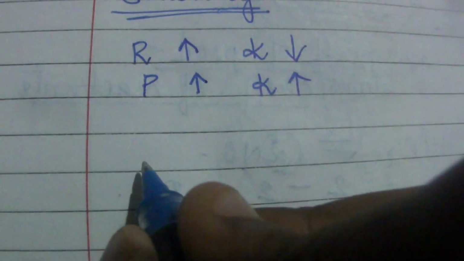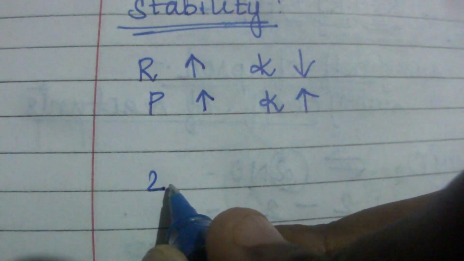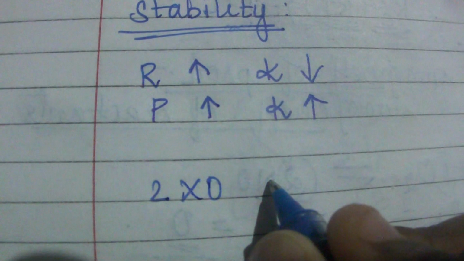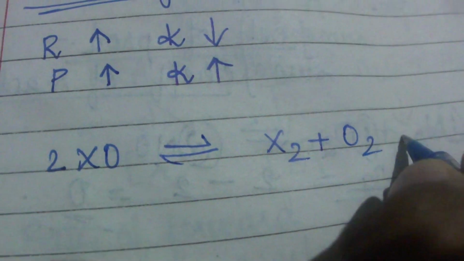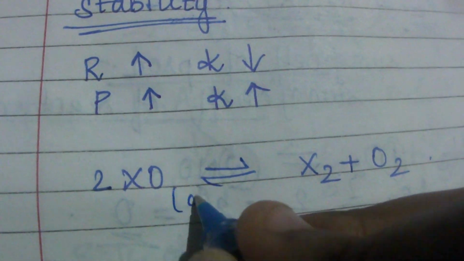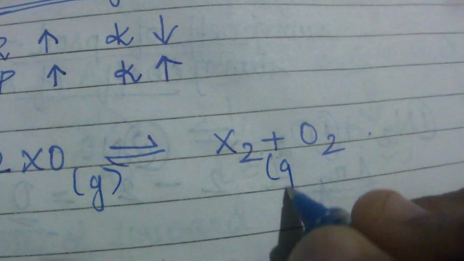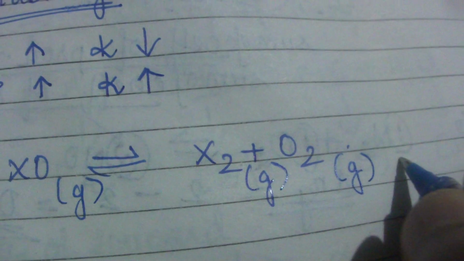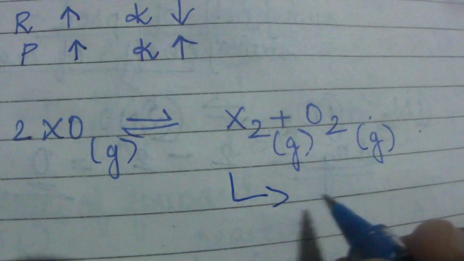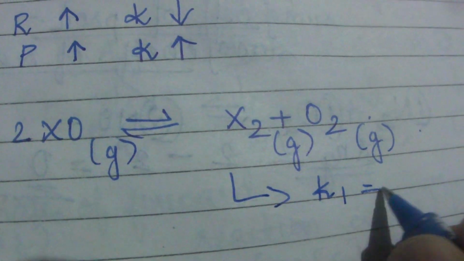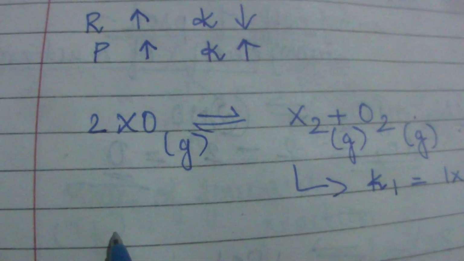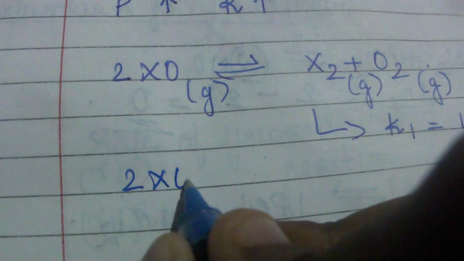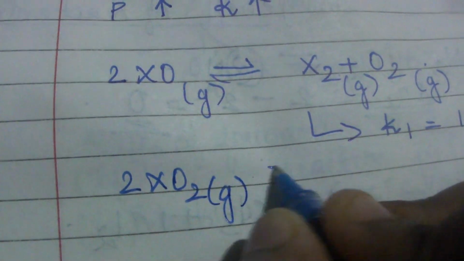Okay, let us have an example. Like XO, let us have an oxide, this is reversible, so we will be having X2 plus O2. All of these are gases. It's a homogeneous reaction because all of them are in the same phase. Here they have given you the value, that is K1 is equal to 1 into 10 power 24. And then we have another one, 2XO2, which is also a gas.